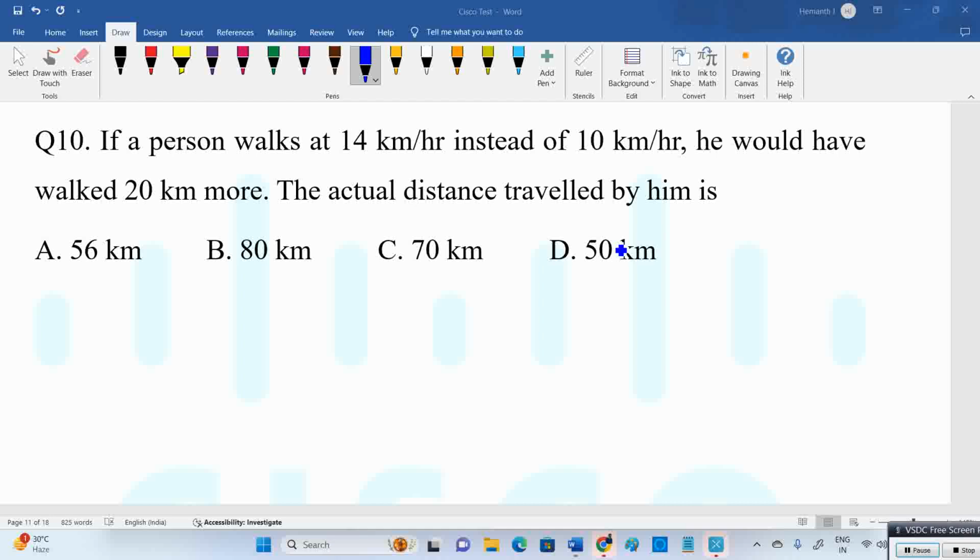Actual distance means with 10 kilometer per hour speed. They said instead of 10, if I travel at 14, his original speed is 10. If he travels at 14, he may cover 20 extra.